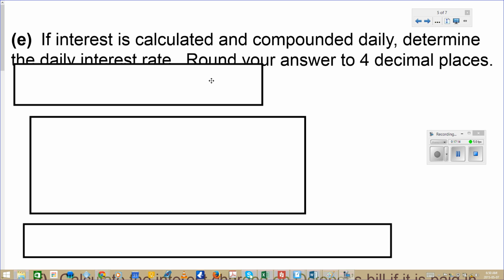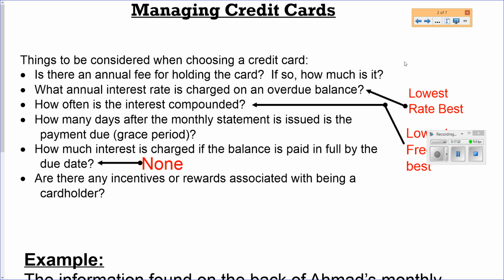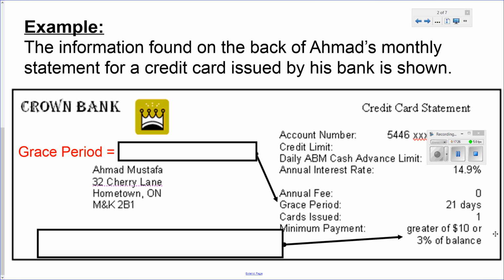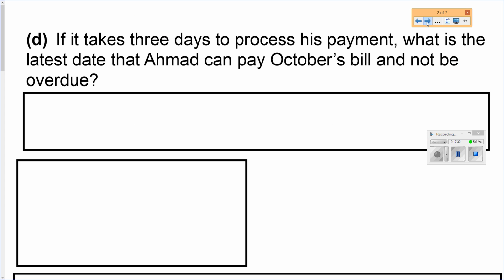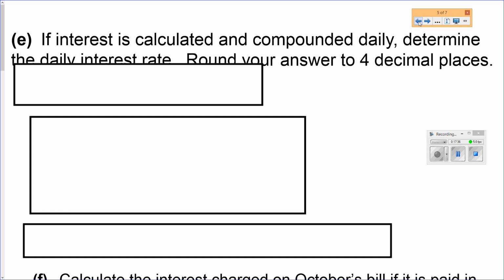So, remember, if we look back at the original statement, what does it say? It says that the interest is 14.9%. So, let's calculate the interest rate.